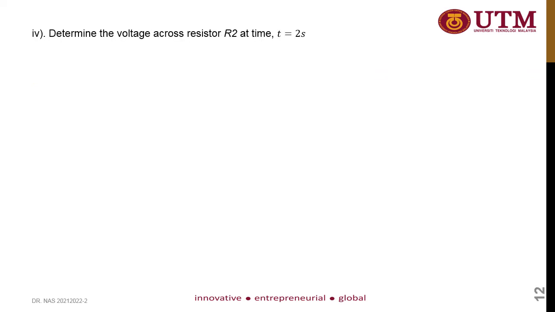Okay, last question. Determine the voltage across resistor 2 at t equal to 2 seconds. From the third question, you have come up with the VR2 equation. VR2 from the third question, VR2(t) equal to negative 0.5 e to the minus 4t plus 2e to the minus t, u(t).